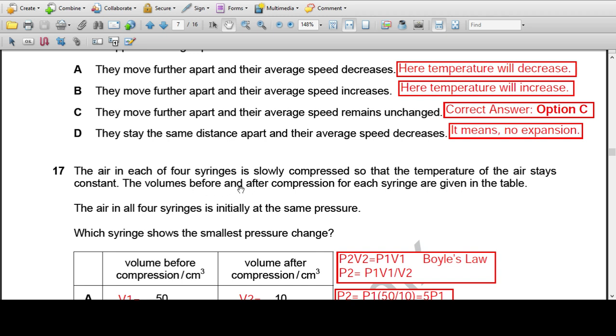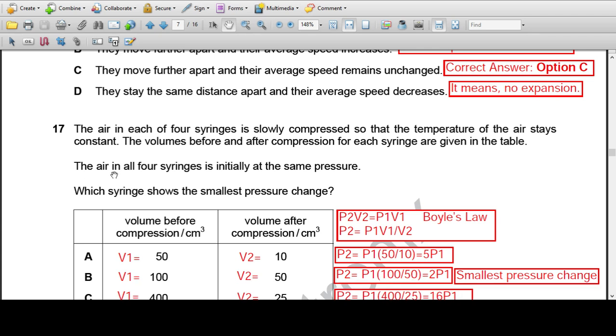The volume before and after compression of each syringe is given in the table. The air in all 4 syringes is initially at the same pressure. Which syringe shows the smallest pressure change?